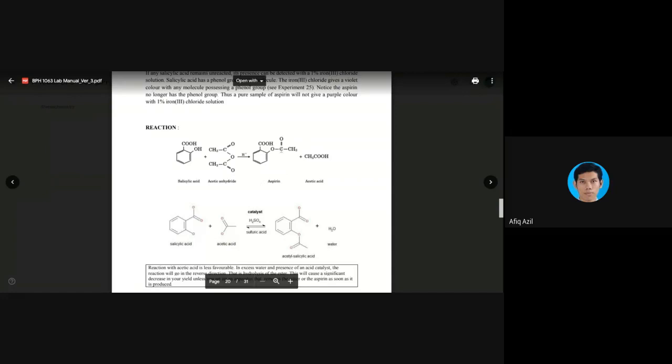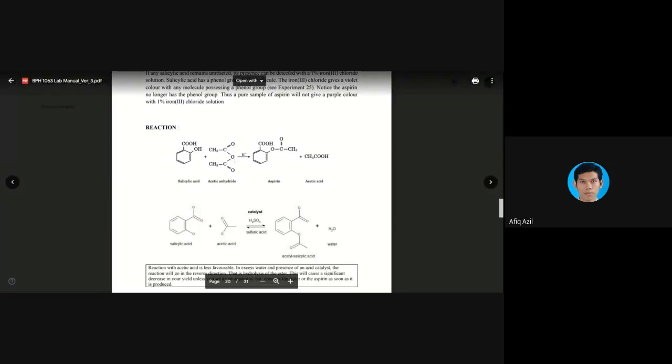So you have aspirin, and 1 mole of acetic acid comes from the acetic anhydride. Acetic anhydride contains 2 moles of acetic acid. One will undergo this reaction with aspirin, while the other will be released.